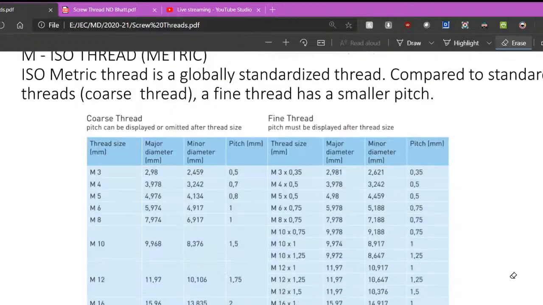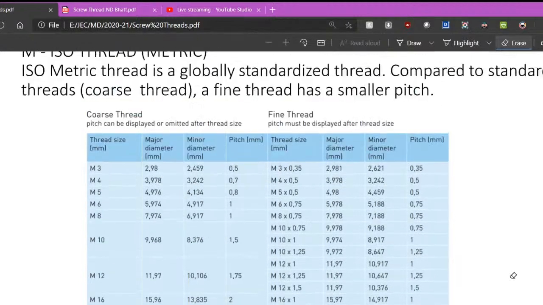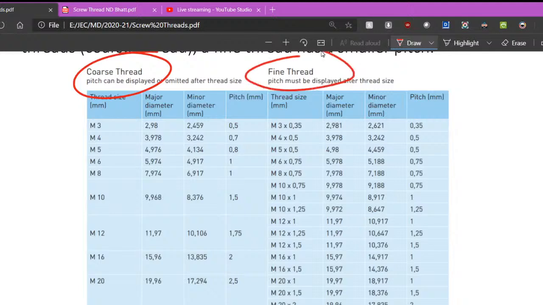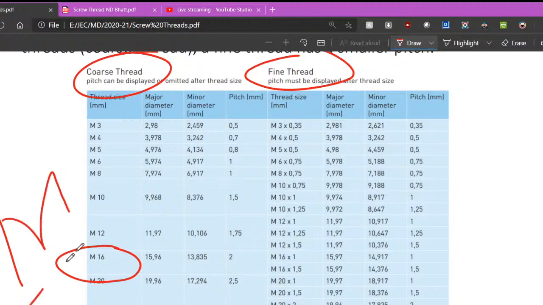Again, there are two types of thread in metric: one is coarse thread, one is fine thread. For M16, the letter M is used to denote that it is a metric thread, and next is given the nominal diameter value, that is 16.